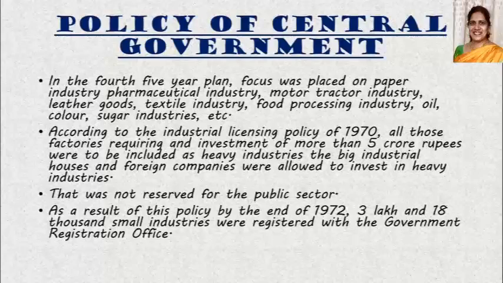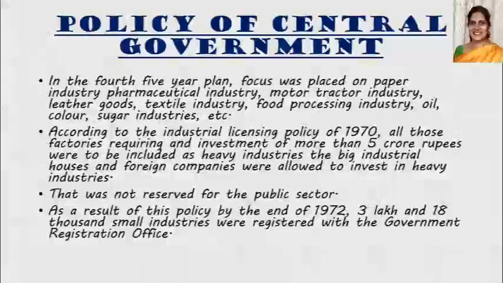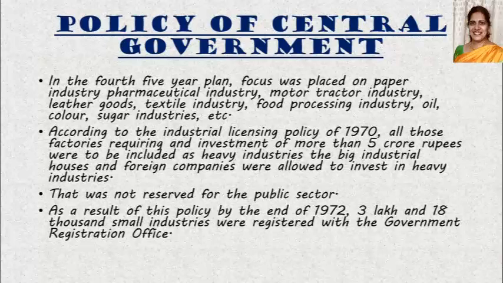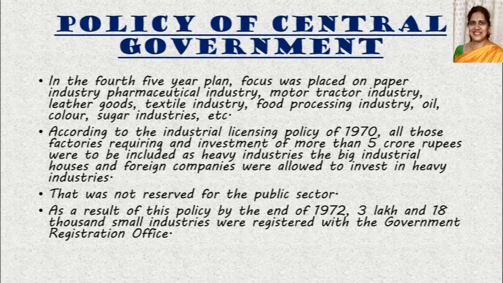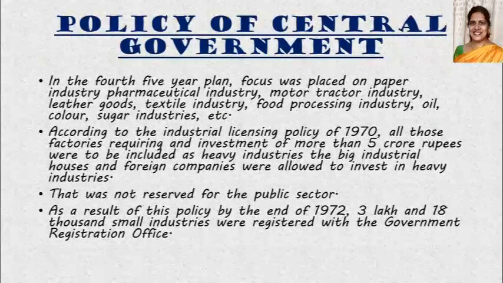Big industrial houses and foreign companies were allowed to invest in such heavy industries. Now, that was not reserved for the public sector. As a result of this policy, by the end of 1972, 3,18,000 small industries were registered with the government registration officer.